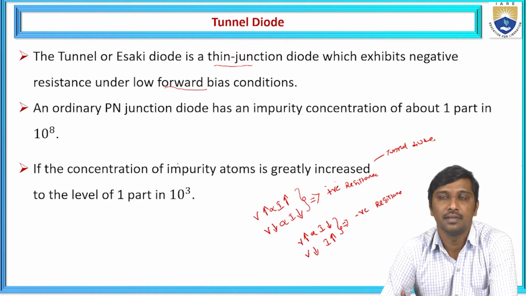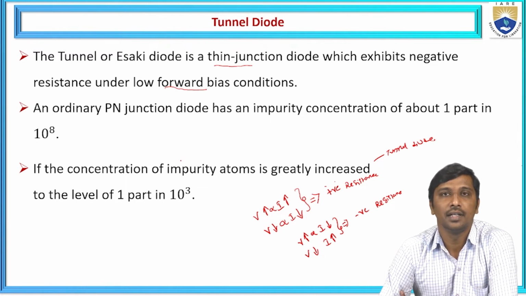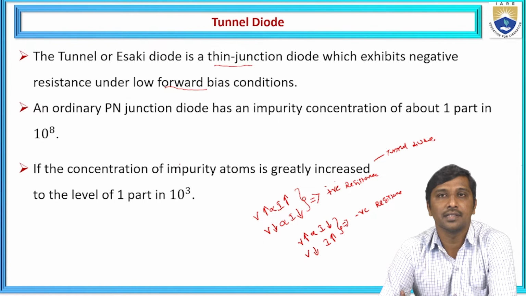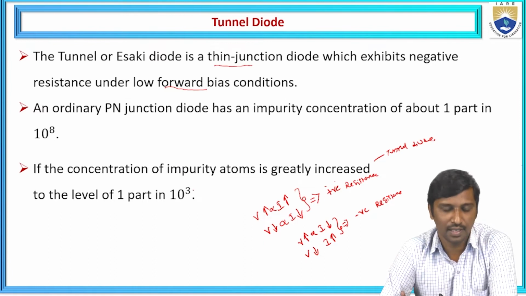Based on the impurity concentration, we classify it as either a normal PN junction diode or a tunnel diode. If we consider the normal PN junction diode, the doping or impurity concentration is 1 part in 10 to the power of 8. But if you consider the tunnel diode, the impurity concentration is 1 part in 10 power 3.